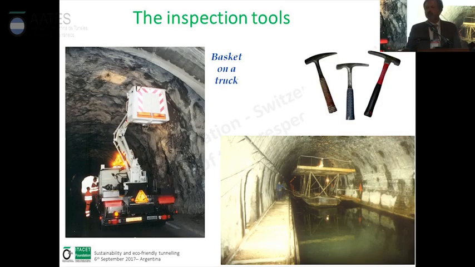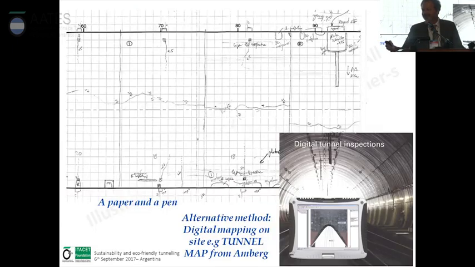Usually, when I talk about inspection of civil engineering, these are very simple ones. This is a specialist coming just near the tunnels with some equipment, this basket on a truck, just to be able to look at the structure and to illustrate what is seen.